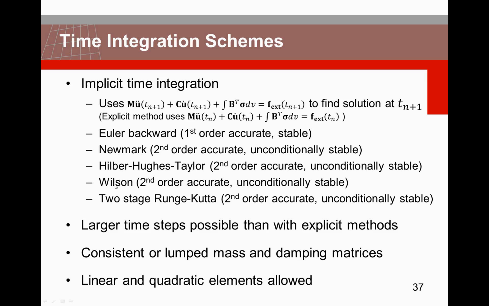We have several methods available: Euler backward, first order accurate and stable, which means compared to the Newmark, which is second order accurate, that a solution with a Newmark, Hilbert-Hughes-Taylor, Wilson, or the Runge-Kutta method is more accurate.